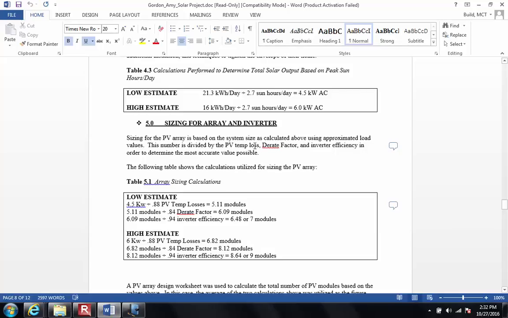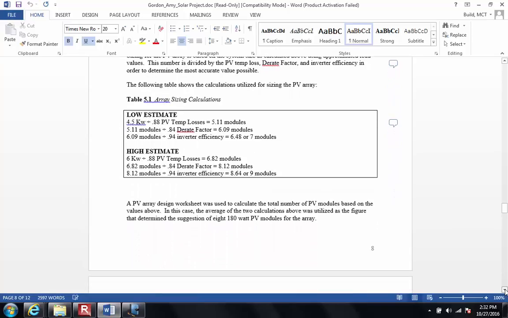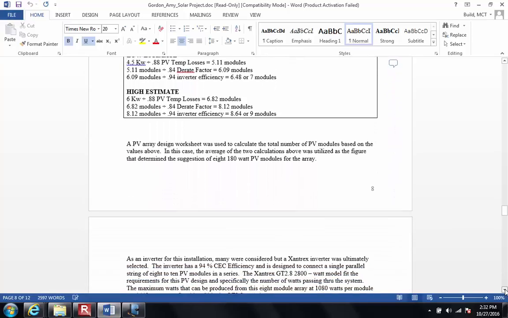PV temperature loss, figuring out average temperatures, the derate factor, and inverter efficiency to figure out the most value. So their low estimate was 7 modules, their high estimate was 9 modules that they would need. Remember, they were talking about 180 watt PV modules for that.